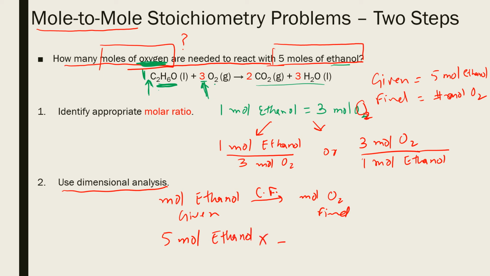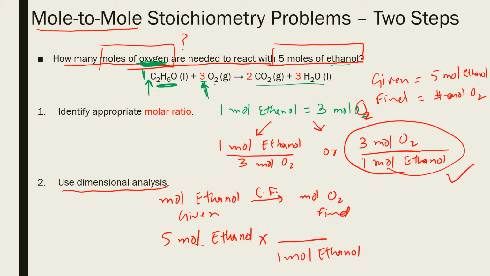Now, which conversion factor to use? We're going to use the conversion factor where the moles of ethanol is in the bottom. So we use 1 mole ethanol on the bottom, and on top will be 3 moles oxygen. Moles of ethanol cancels with moles of ethanol, and the answer is 5 times 3, 15 moles of oxygen.